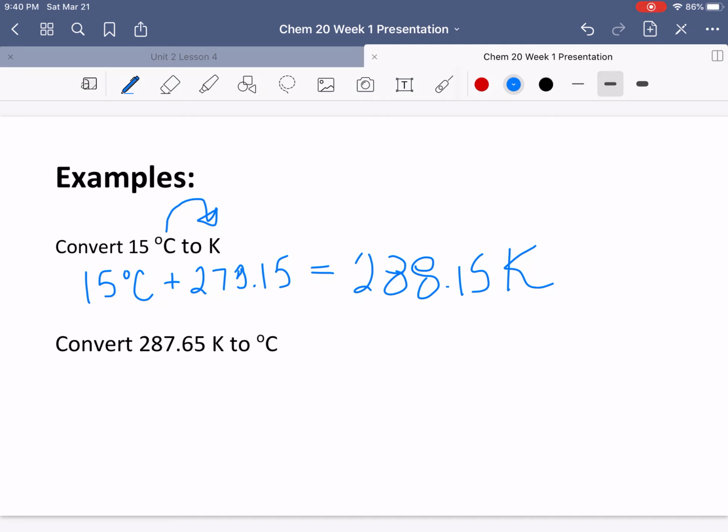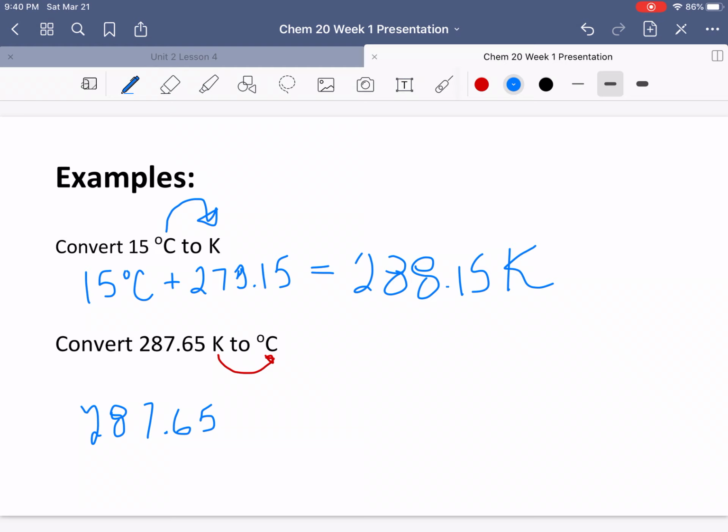Okay. Look at the next one. This one's going a different direction. This time we're going from Kelvin to degrees Celsius. So it doesn't make sense to add the 273.15. This is that circumstance where you're going to have to subtract it. We're doing the opposite. Opposites are logical.